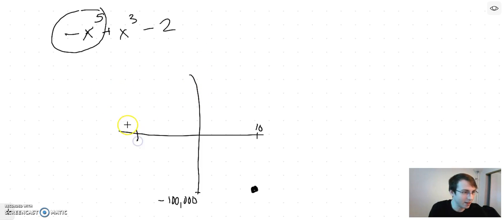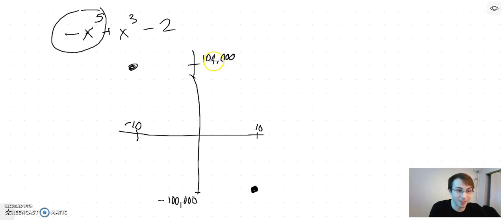Now, at negative 10, you are up to about positive 100,000, because negative 10 to the fifth is negative 100,000, but we got this negative in front of it. So now we're all the way up to 100,000.